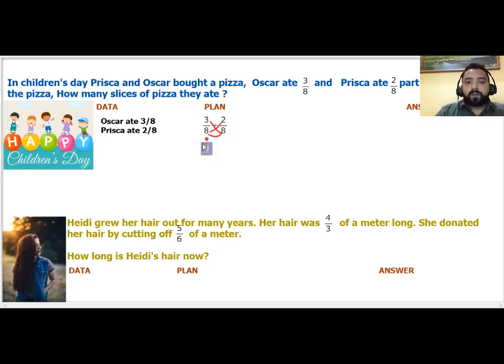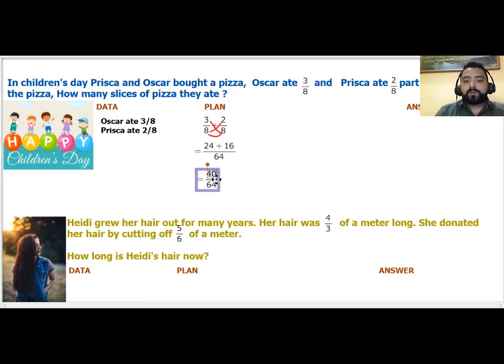So it's going to be 3 times 8 is 24, plus 8 times 2 is 16, over 8 times 8 is 64. Now we add these two numbers: 24 plus 16 is 40 over 64.